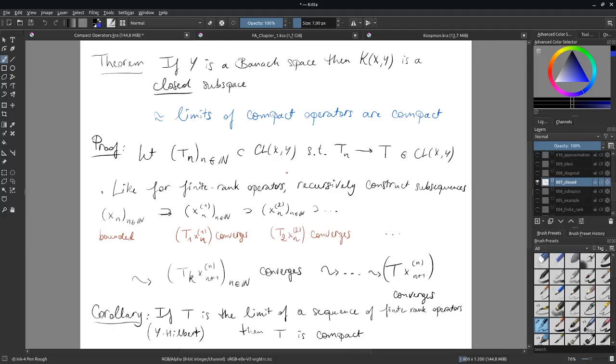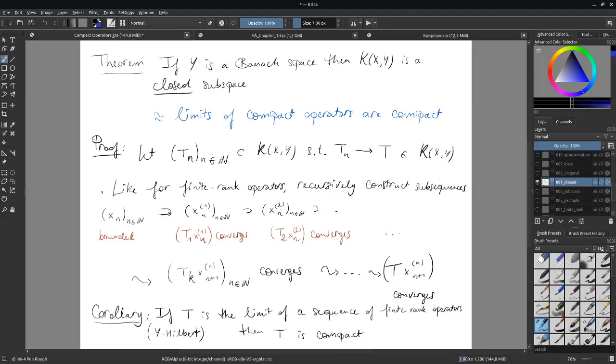The idea is that just like we did previously for our finite rank operators, we recursively construct subsequences. So take some x_n that is bounded, and from which we take, I think here it must be not continuous but compact.